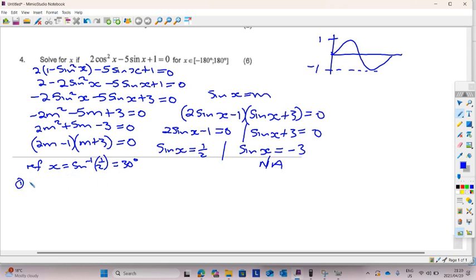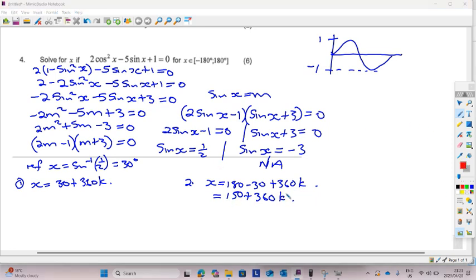From the first quadrant, x is equal to 30 plus 360k, and from the second quadrant, x is equal to 180 minus 30 plus 360k, and that is equal to 150 plus 360k. All right, we are done with our general solution.